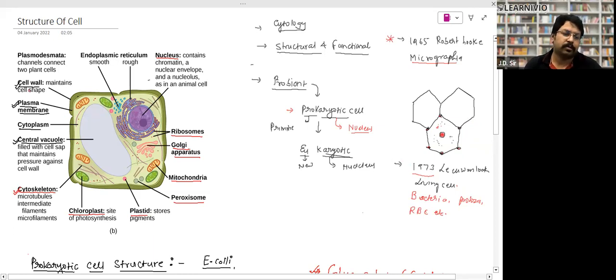You all know that the outermost structure of the cell is the cell wall. It is found in plants only. Then the next membrane is the plasma membrane. Inside the plasma membrane, there is a gel-like structure that is called the cytoplasm, right?